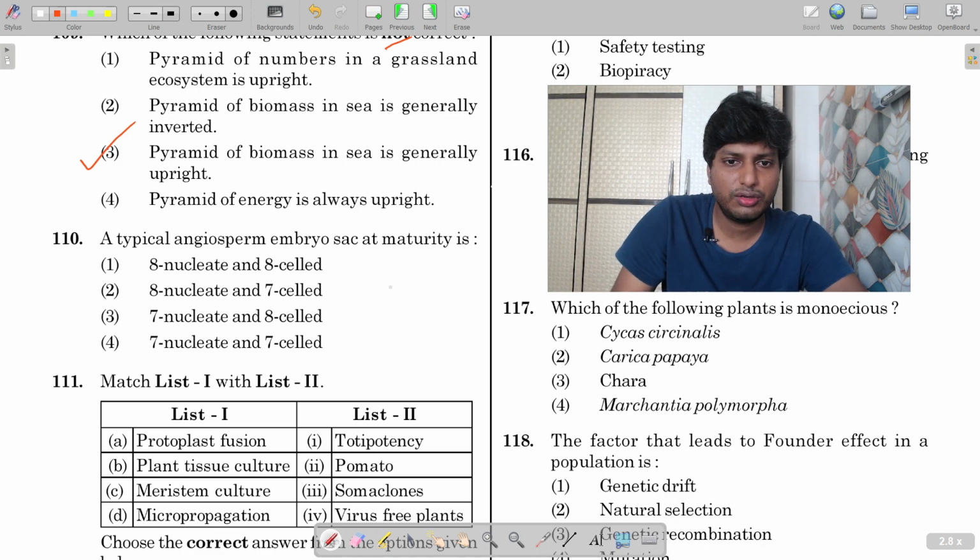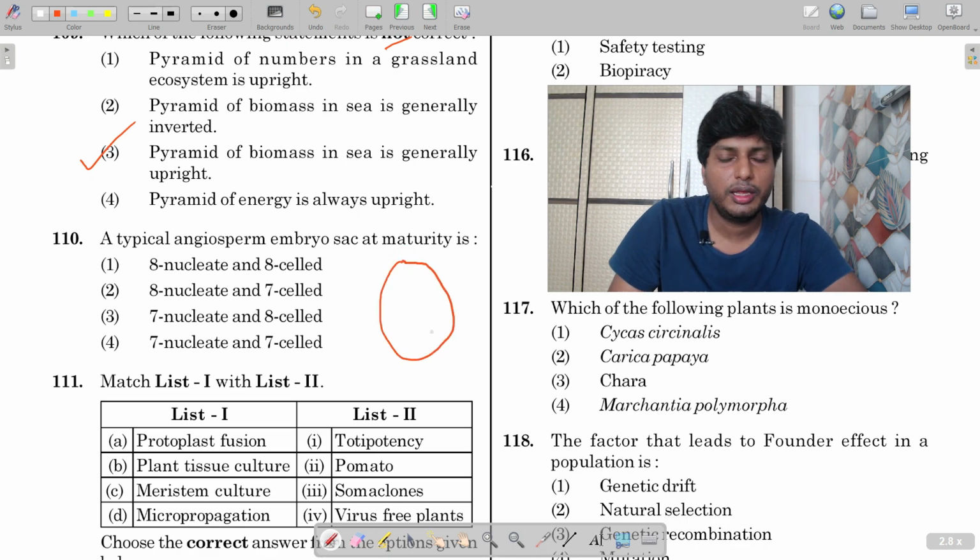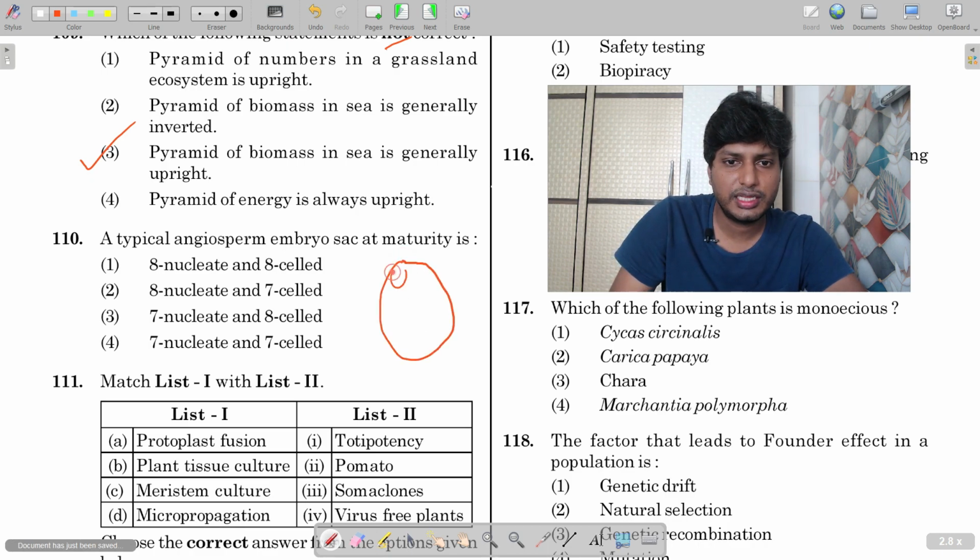You can also see a small diagram over here. A typical angiosperm embryo sac consists of 7 cells, in which there are the upper 3 cells, the lower 3 cells, and inside the center there is a central cell which has 2 nuclei, right?